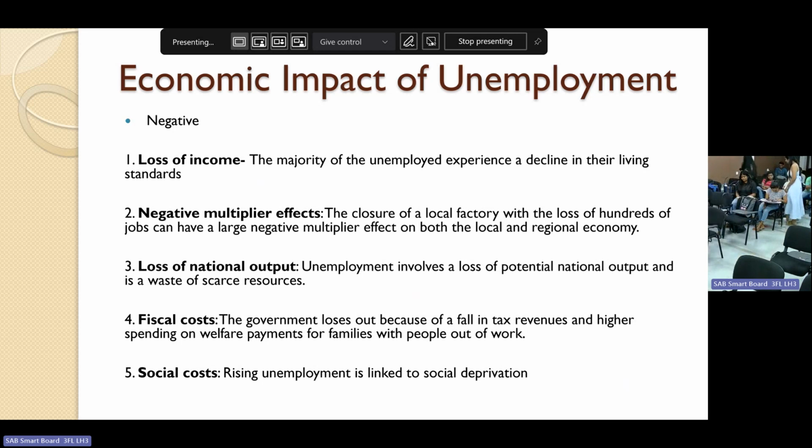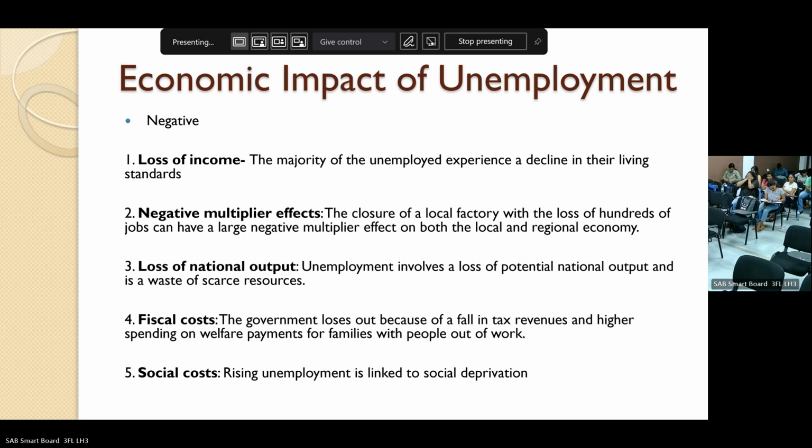That reduces the standard of living, and there will be a negative multiplier effect also. If there is a closing down of business ventures and factories, you lose the jobs, and there will be a multiplier effect with that.